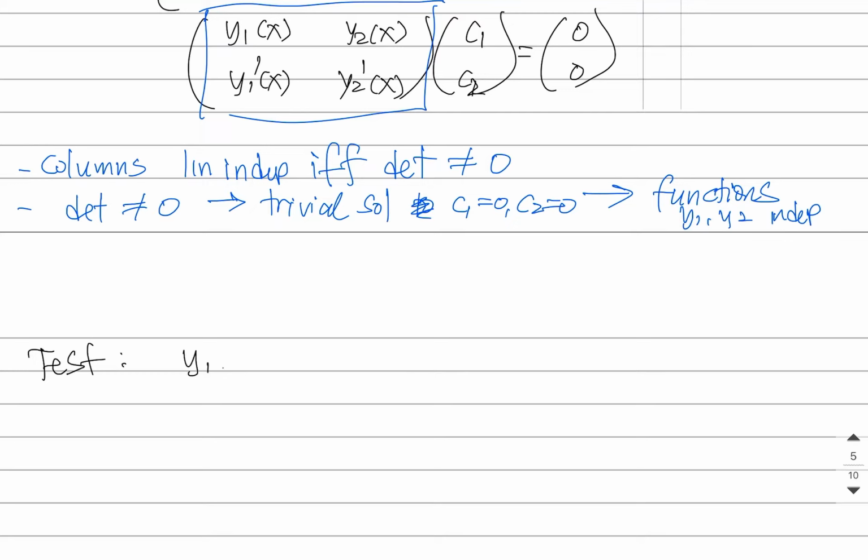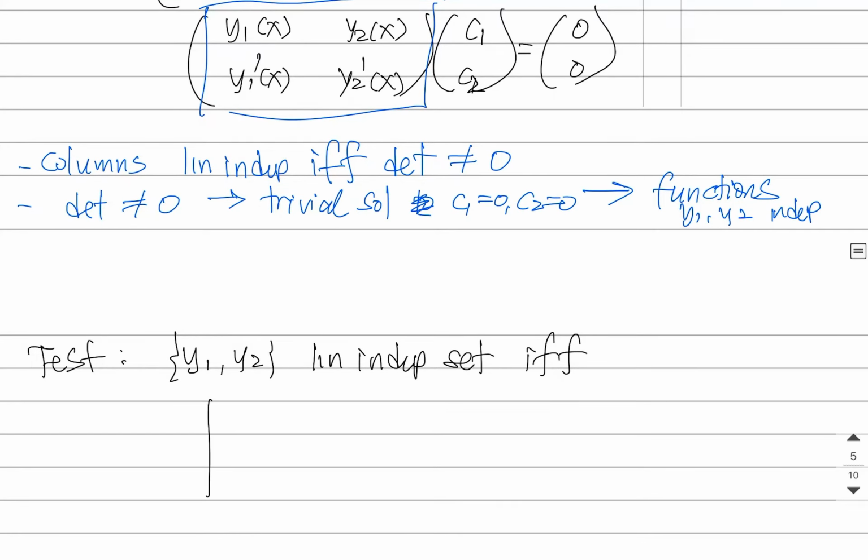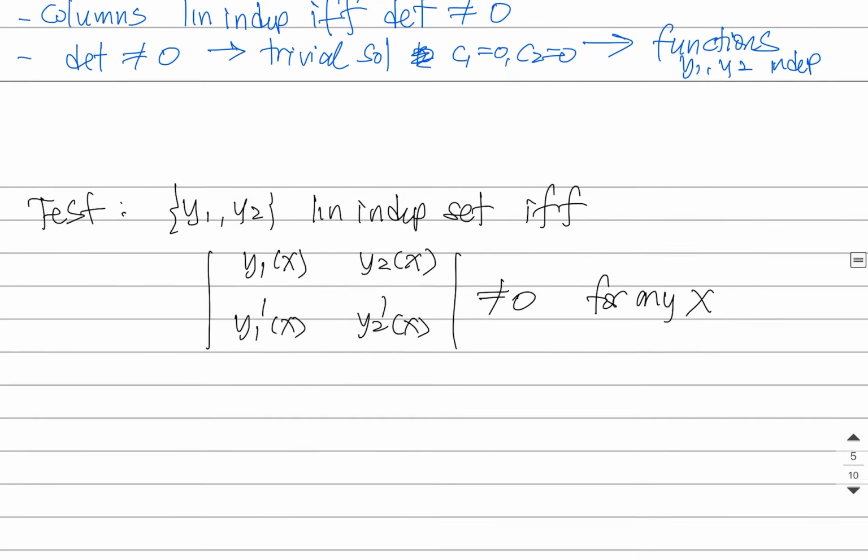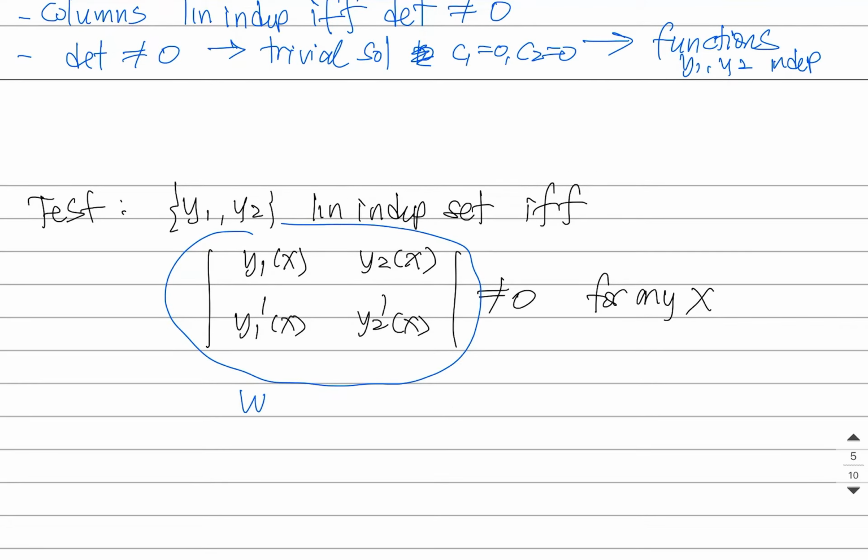We will say that these functions y1 and y2 form a linearly independent set if and only if the determinant of this matrix is never 0 for any x. This thing is called the Wronskian. So not the matrix, but the determinant of the matrix.